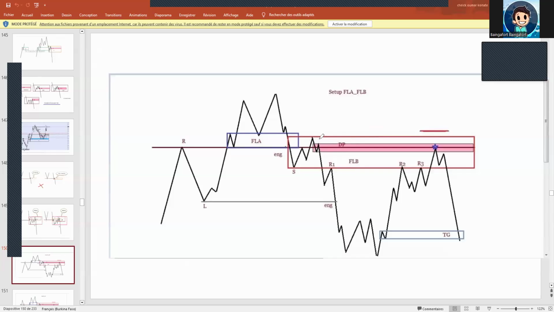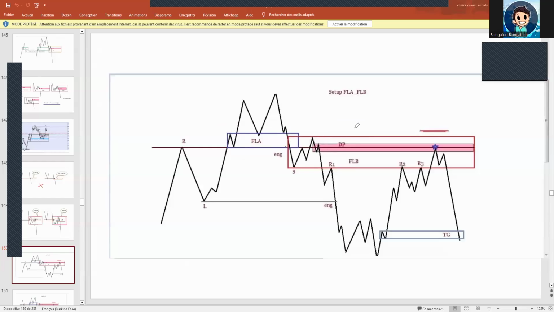Another thing: the second one is bigger than the first one. This is because the second one has a decision point and the first one didn't have.